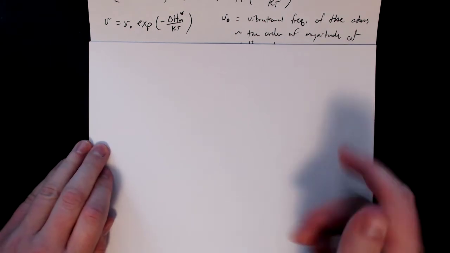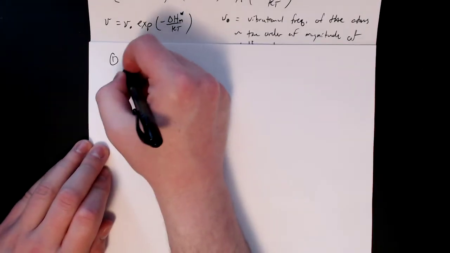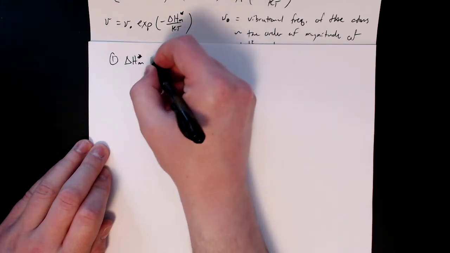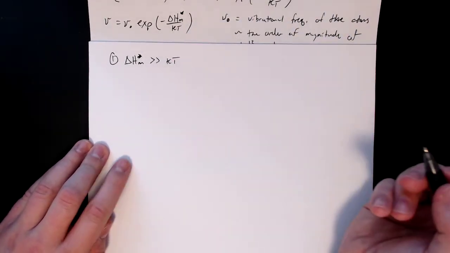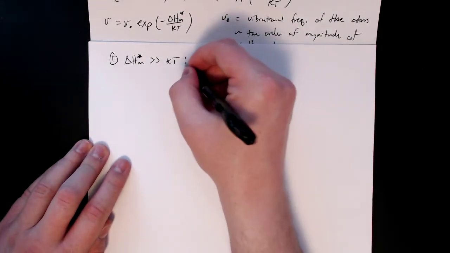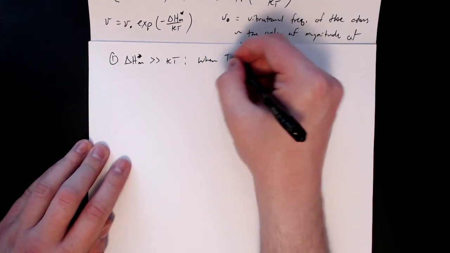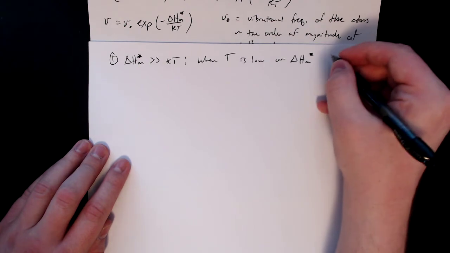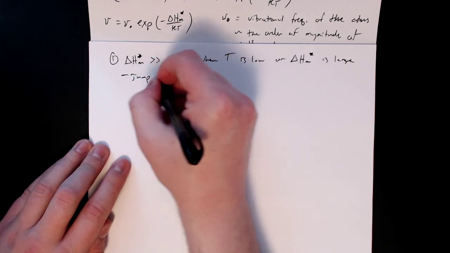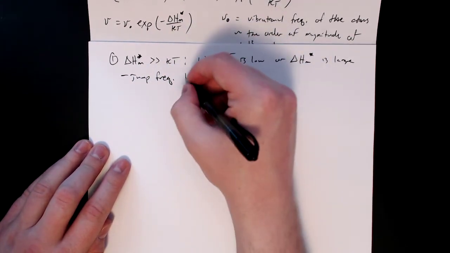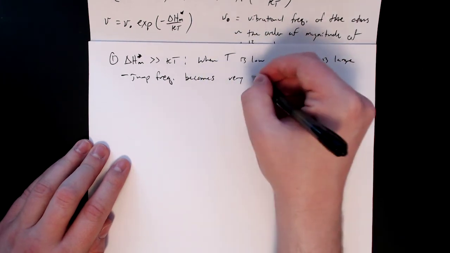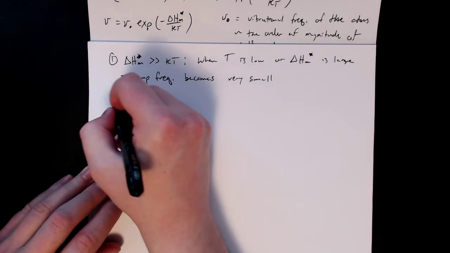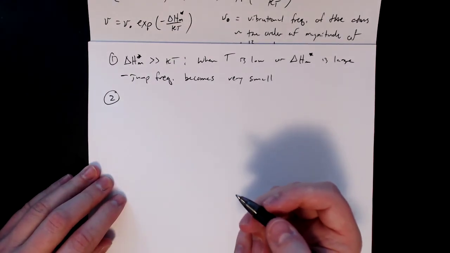So if our energy is much greater than the temperature term, the kT term, so this is when temperature is low or the activation energy is large, then our jump frequency becomes very small. That seems to make sense from just practical experience.